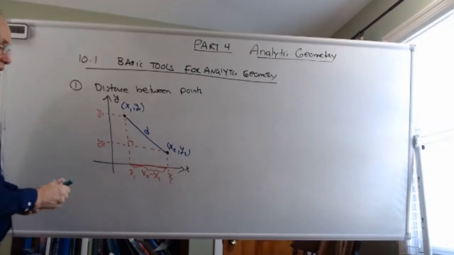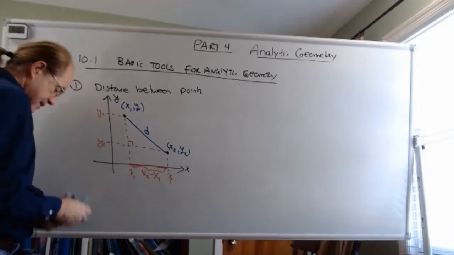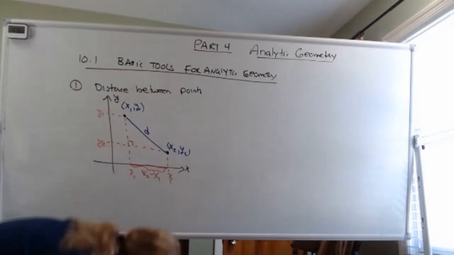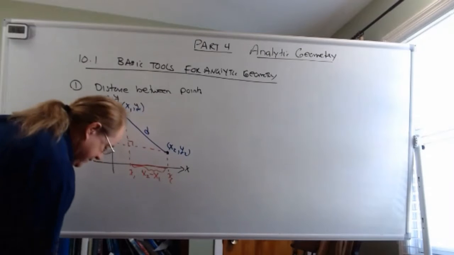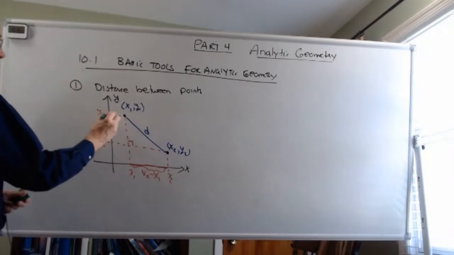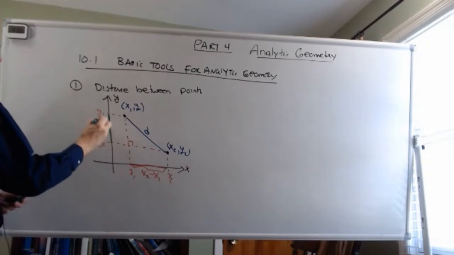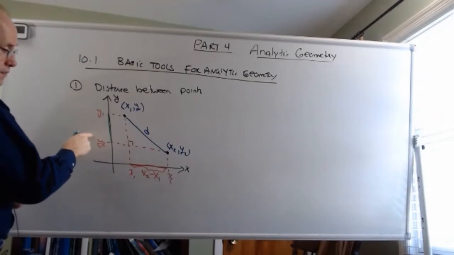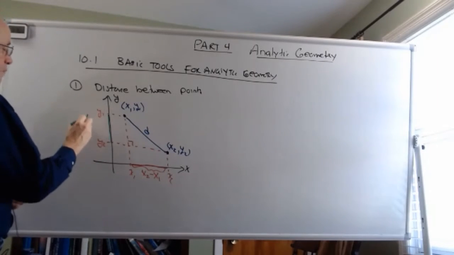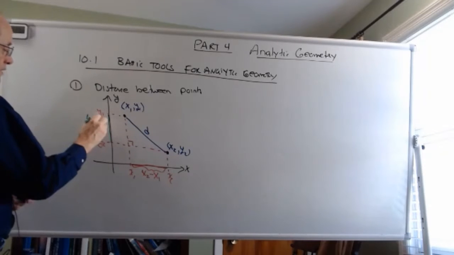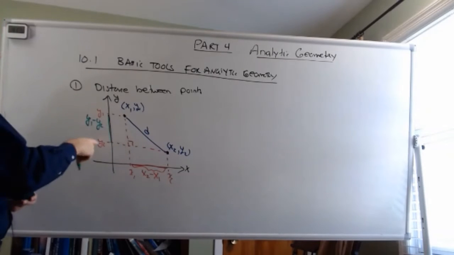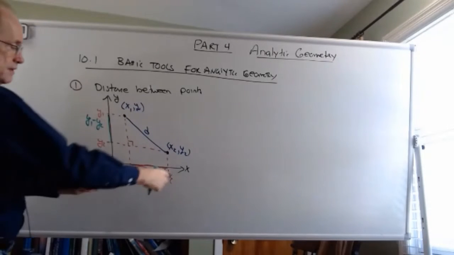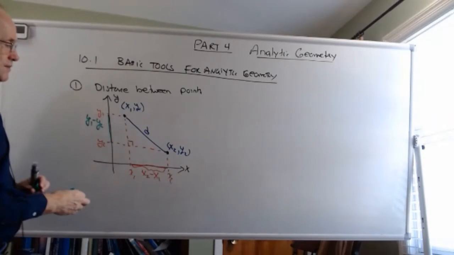This distance over here, everyone can plainly see, is just y2 minus y1. And that's the distance for that right here. So this distance right here is my y1 minus y2. So it's this height minus that height. This distance minus that distance.